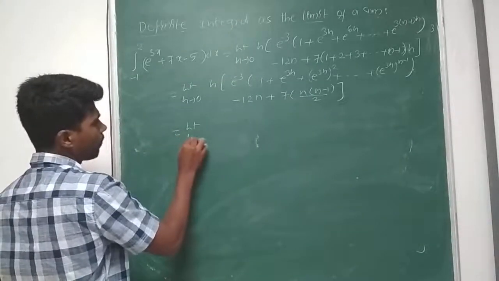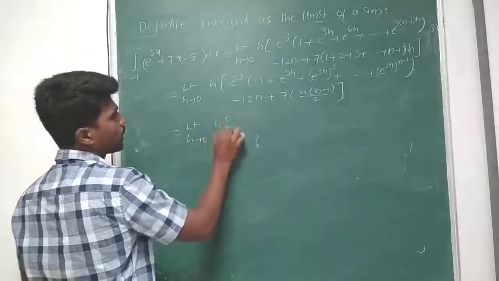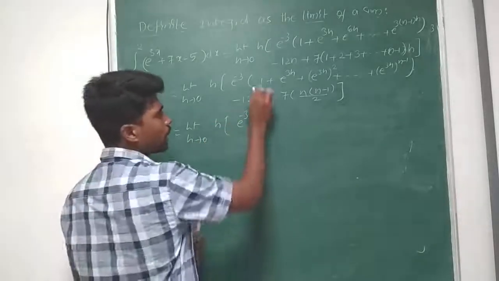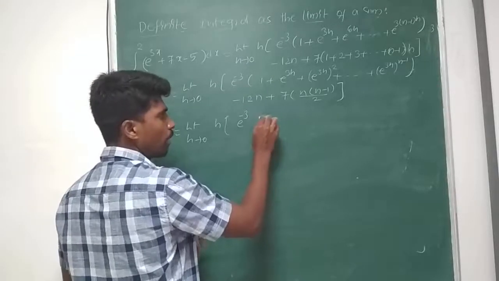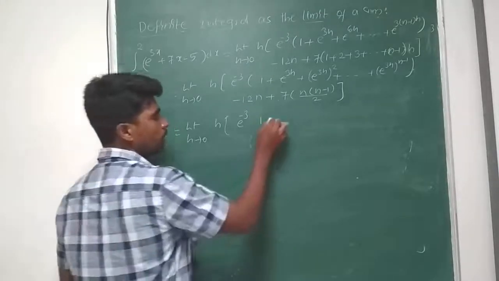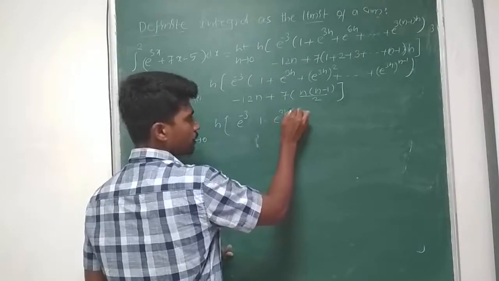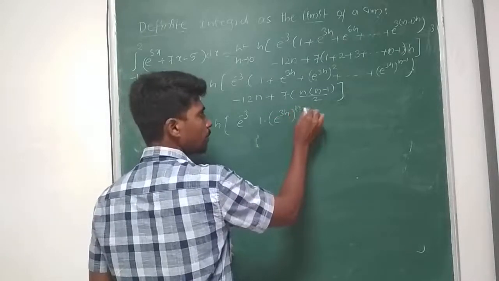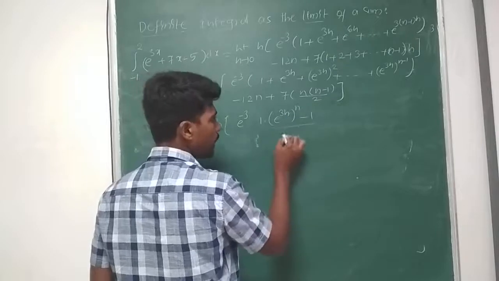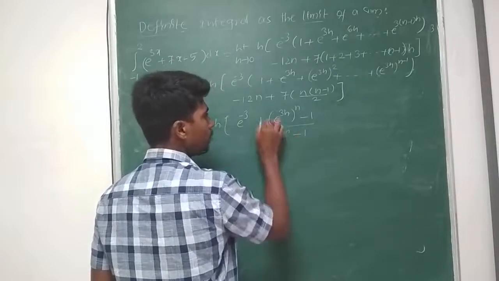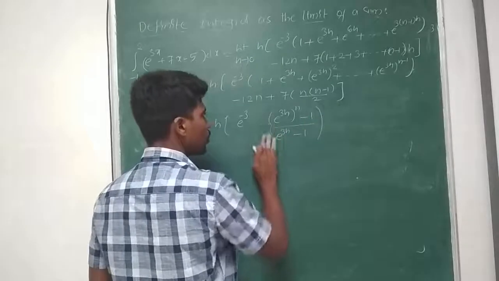Limit h tending to 0, h into e power minus 3 into a, which is 1, into e power 3h whole power n minus 1 by r minus 1, e power 3h minus 1. Close.